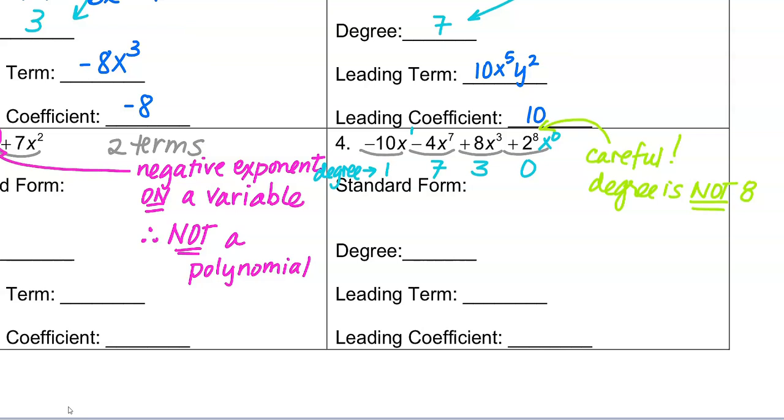Okay, so what's the highest of those powers? 7. So the term that falls on is that negative 4x to the 7th. The leading coefficient is the negative 4.